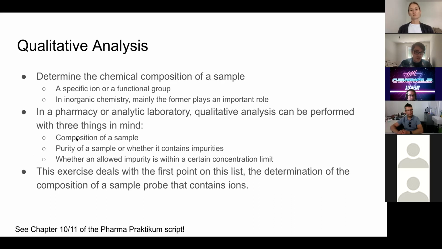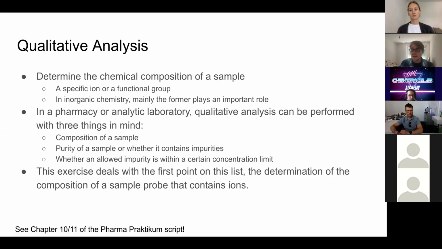You're either aiming to get information about the composition of the sample, the purity of the sample, or whether it contains impurities, and to find out whether they are allowed impurities within a certain concentration limit. But as you know from the wet lab, this exercise deals with the first point on the list, so the determination of the composition of a sample. I also included some information about this in the Google Colab notebook that you will be sent later. And of course, you also have your practical script that you can take a look at.